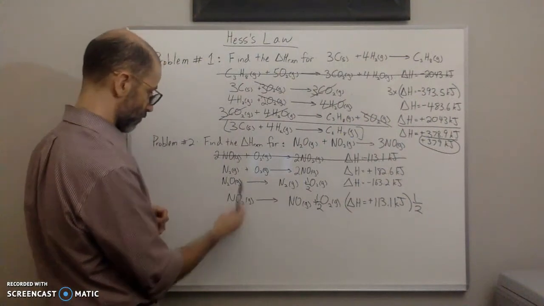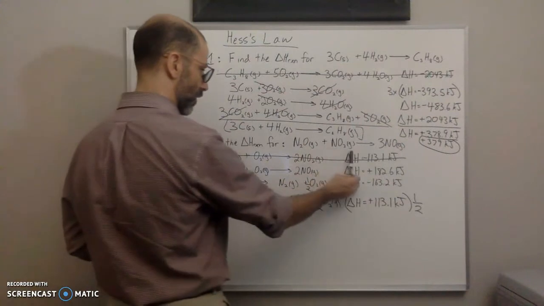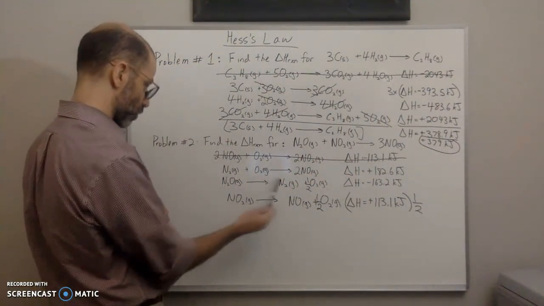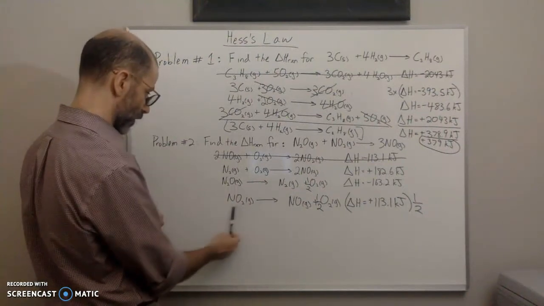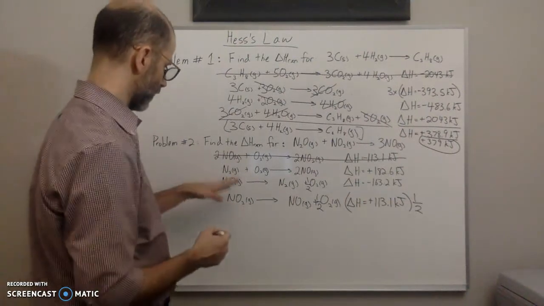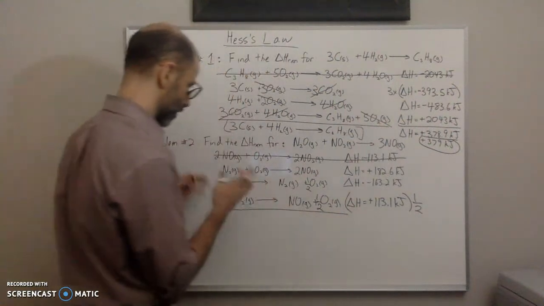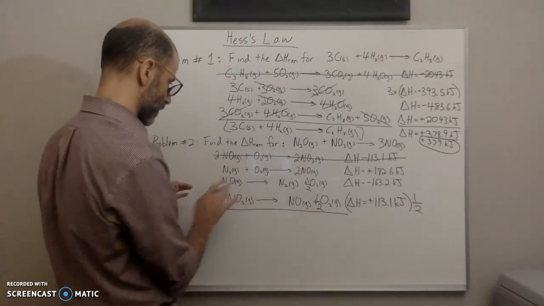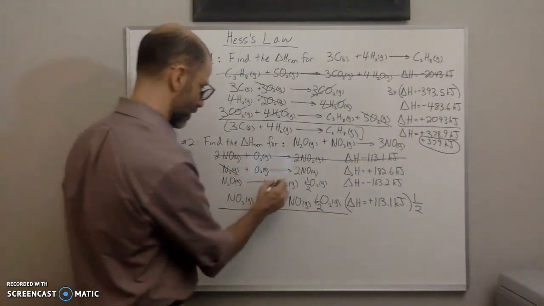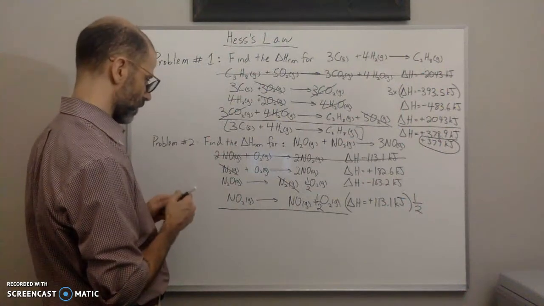So now I have my 1N2O, 1N2O. And now I need 1NO2. I have 1NO2 here. Okay, great. So now I have everything I need. Now I need to add them together. I'm going to cancel out anything that I have on both sides. I have N2 gas here as a reactant and here as a product, so those are going to cancel out.